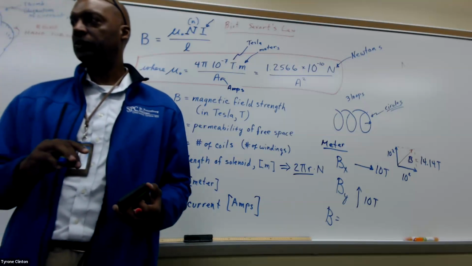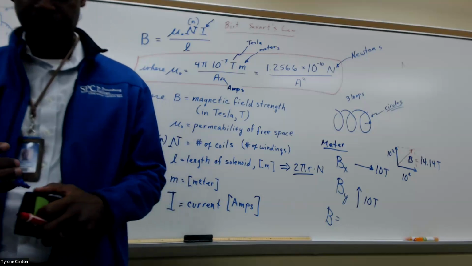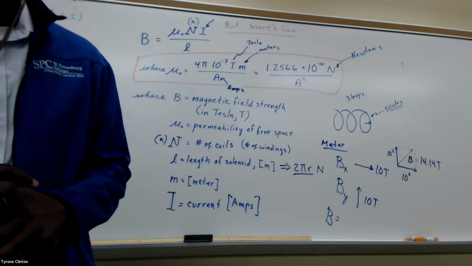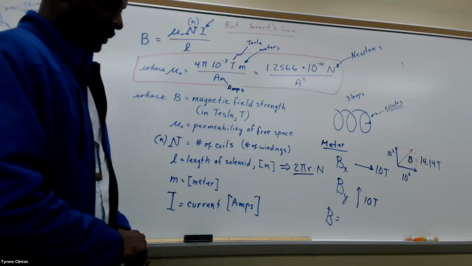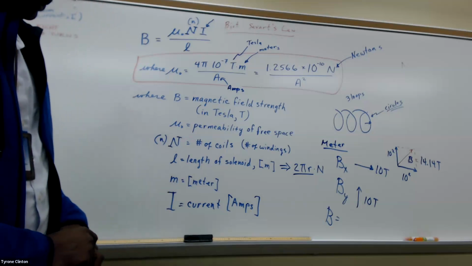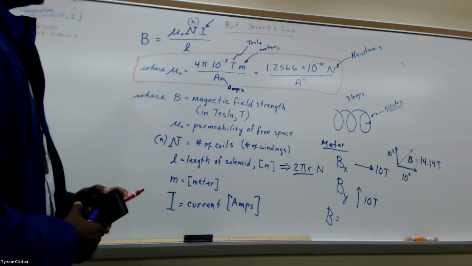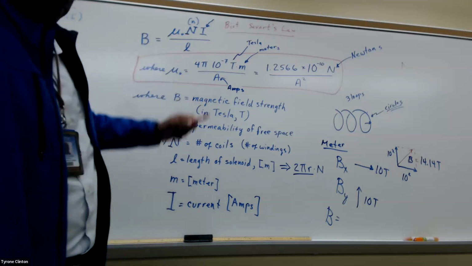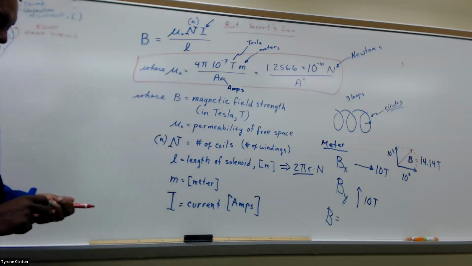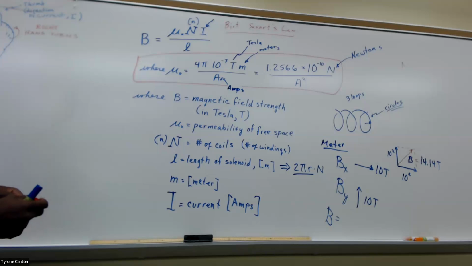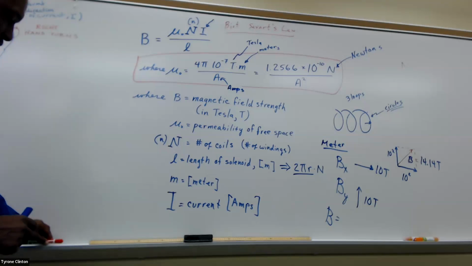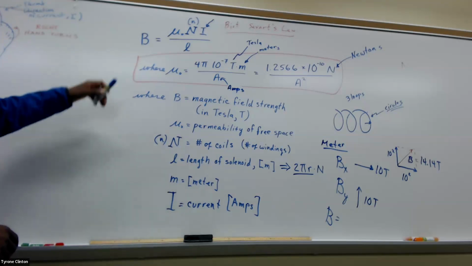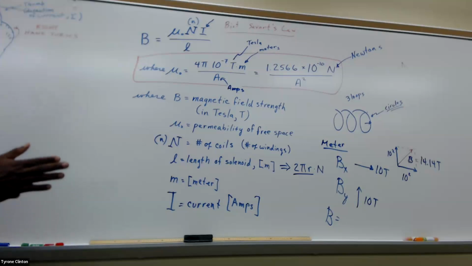Okay. I also have one more question. Sure. So L is 2 pi r times n, right? Correct. So when you plug it into that formula up top, don't the n's just cancel out and you have mu times I divided by 2 pi r? Correct. Some of these formulas you'll even see where 2 pi r is incorporated as well.